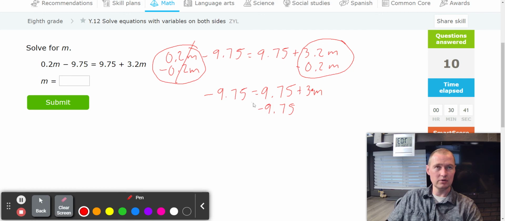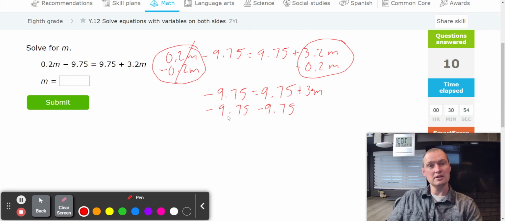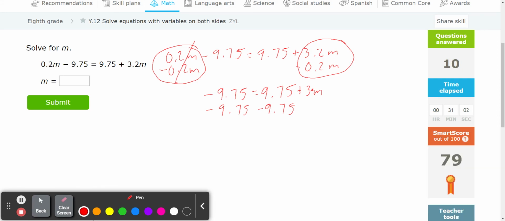This is a two-step equation. So negative 9.75, subtract negative 9.75 on the left side. Be careful. You're probably looking at the left side right now. You're like, ooh, it's 0. No, it's not 0. You got to put them together. So it's like spending $9.75 twice, which means you spend quite a bit of money.